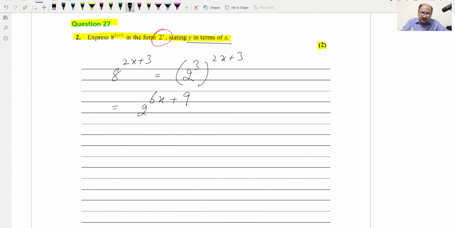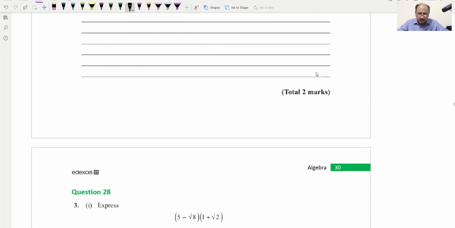So this is equal to 2 raised to the power y. So y is equal to 6x plus 9, and this is y in terms of x, and this is 2 marks question which we are done.